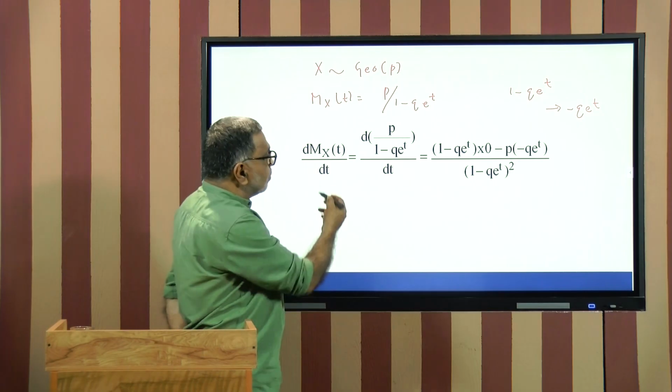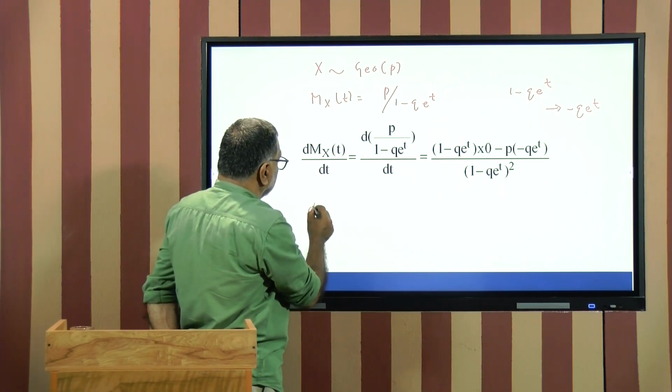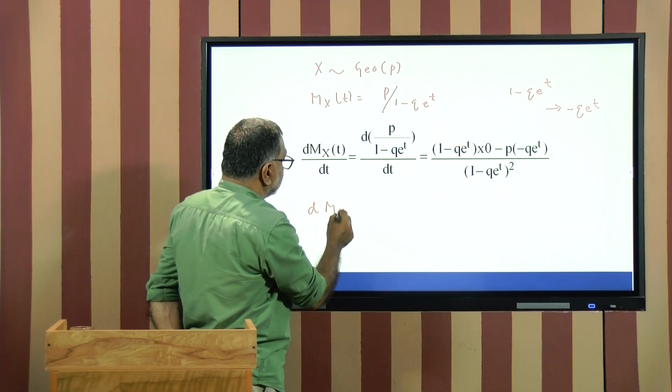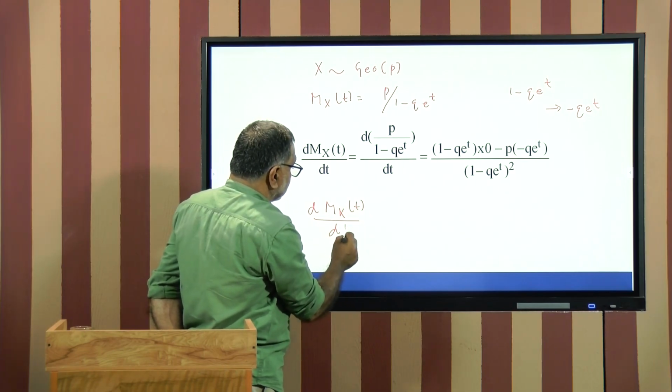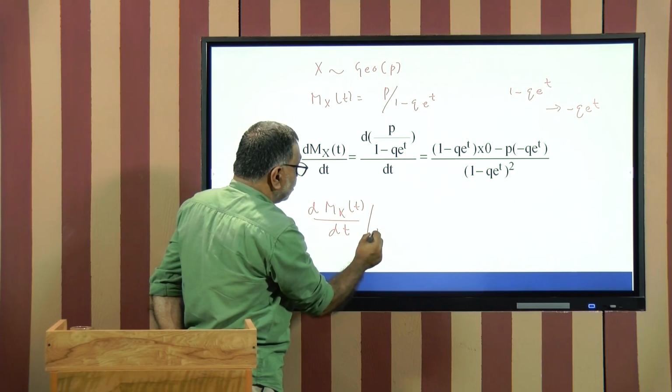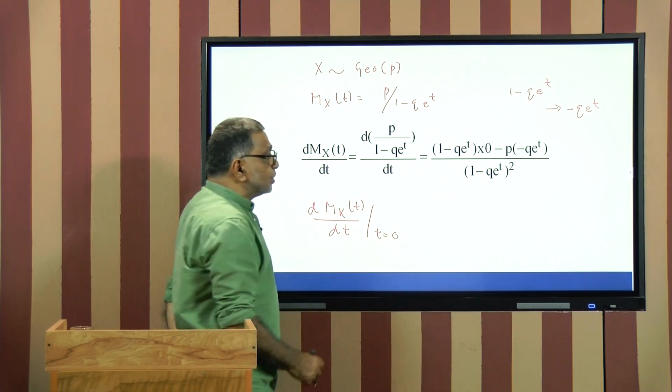So, this is the first derivative, and what are we doing? We are substituting t equal to 0 in this expression.